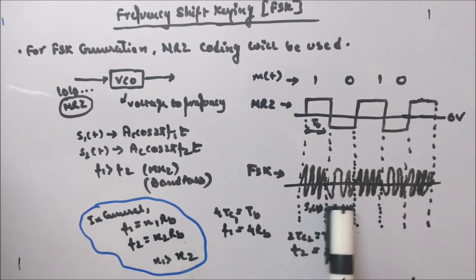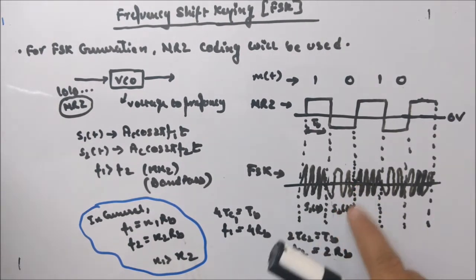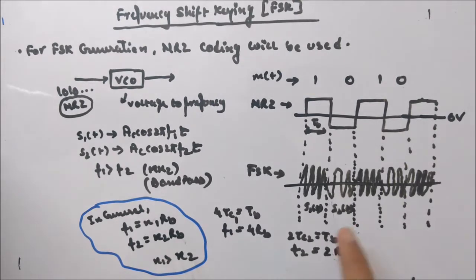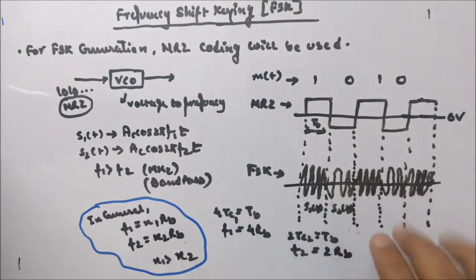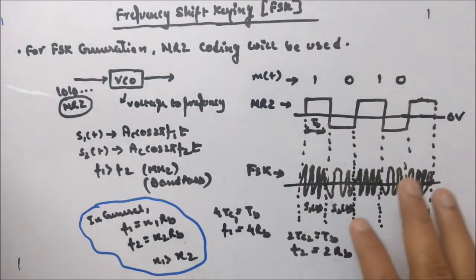Similarly, for S2(t), in 1 TB you have 2 time periods of the carrier signal, so 2 TC2 is equal to TB, which means f2 is equal to 2 RB. You can see these two frequencies are different and f1 is greater than f2. That's how you can see the waveforms.